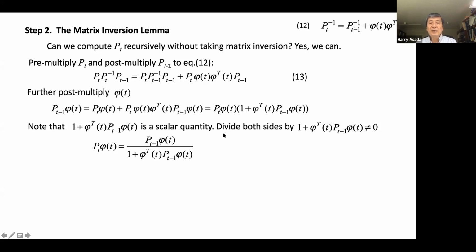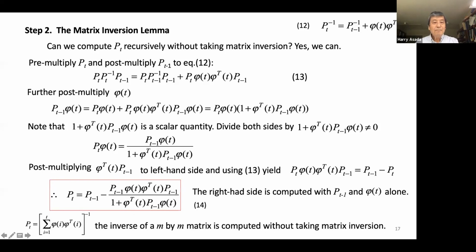So we divide both sides by this, then it turns out that the PT phi t equals this one going to the denominator, is expressed by this. So what is the physical sense of this? Yep. We need to do one more step, okay? One more step. Post-multiply phi t transpose PT minus 1.